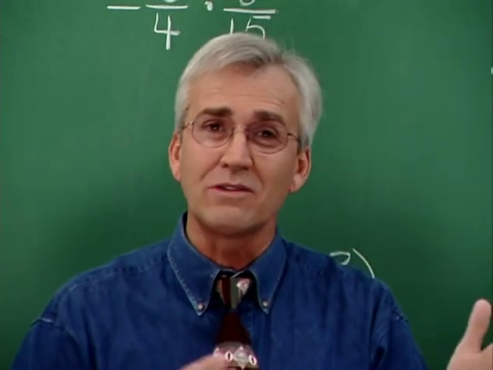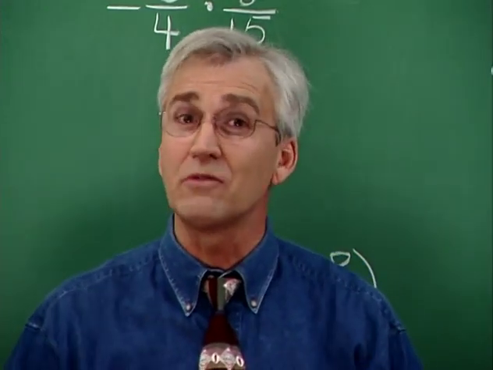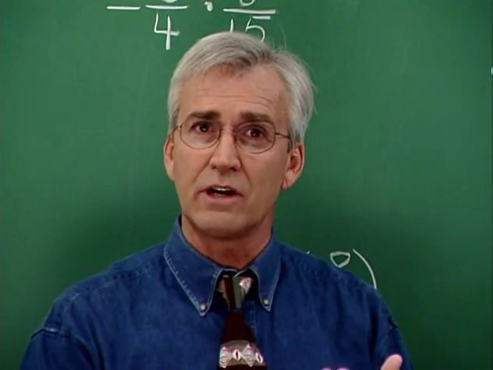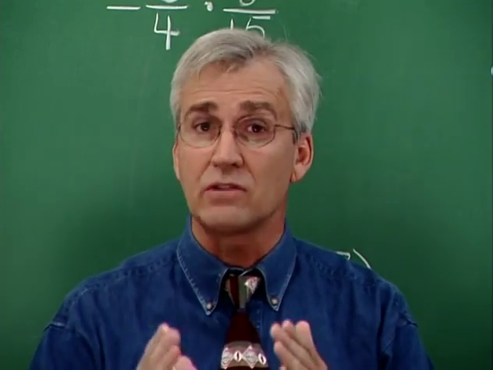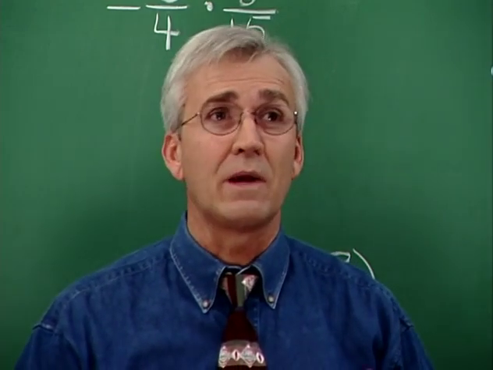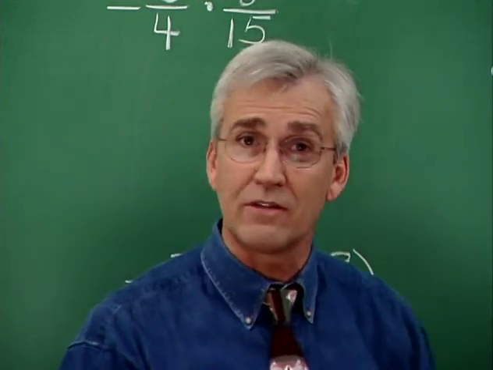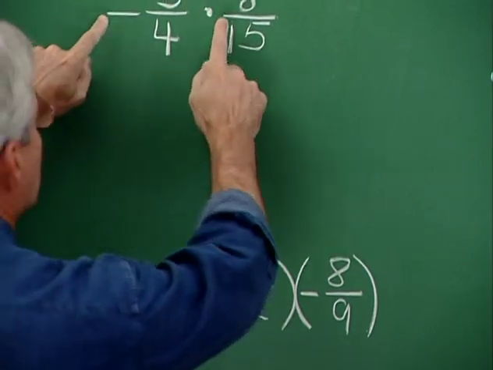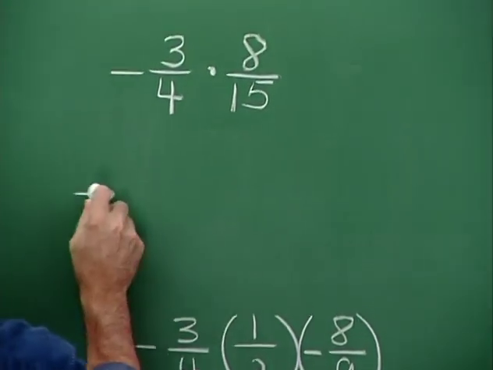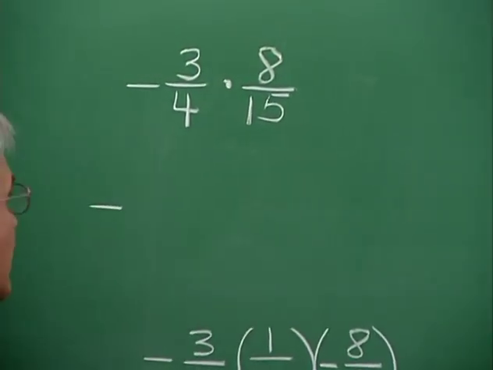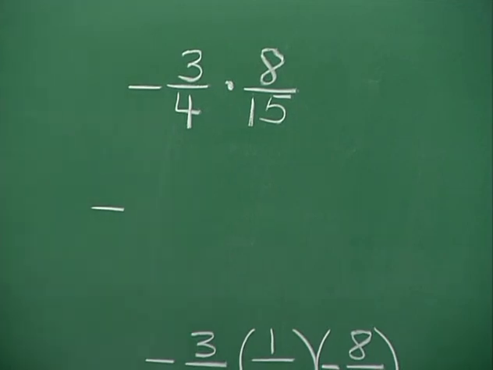It doesn't matter which one's larger or smaller. Just like with integers, if the signs are different, we get negative answers. If the signs are the same, we get positive answers. Here the signs are different, so we're going to get a negative result. So we can just write that down at the very beginning. Now let's look for cancellation opportunities.